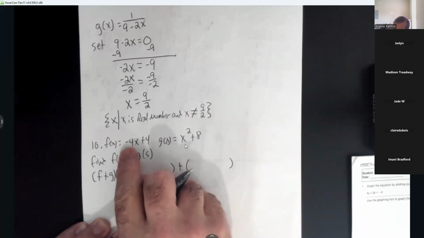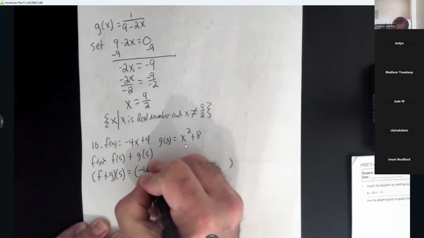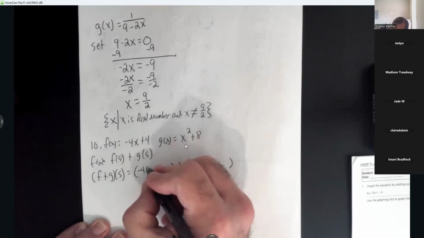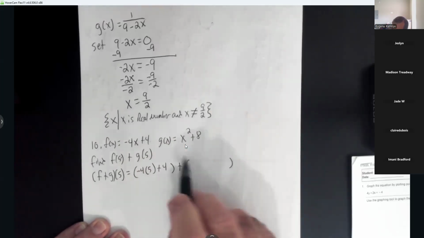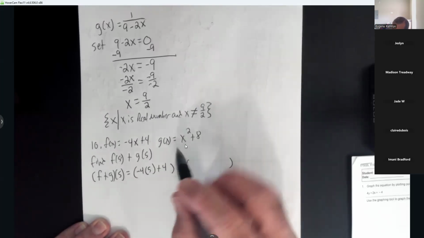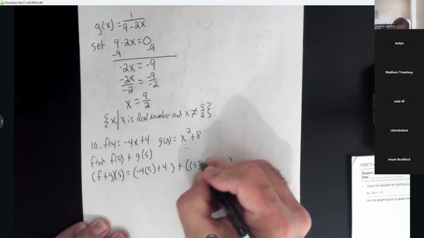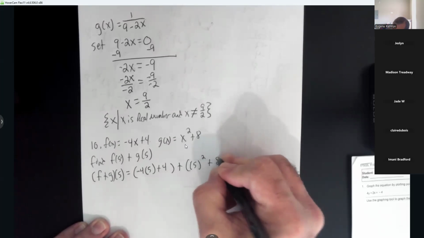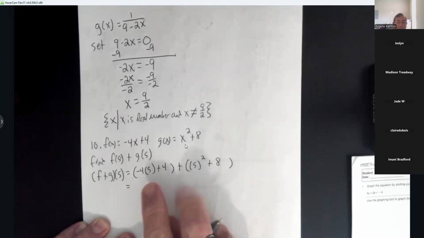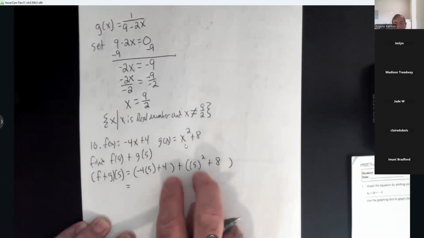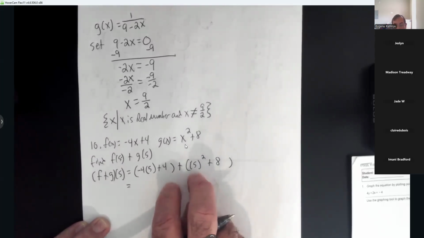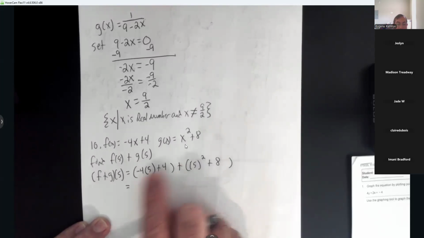So for f, I got negative 4 times x, which is 5, and then plus 4. For g, I'm going to have 5 squared plus 8. And y'all, the trick is to do inside each parentheses until you can't do nothing else inside of each parenthesis, then add them, okay?